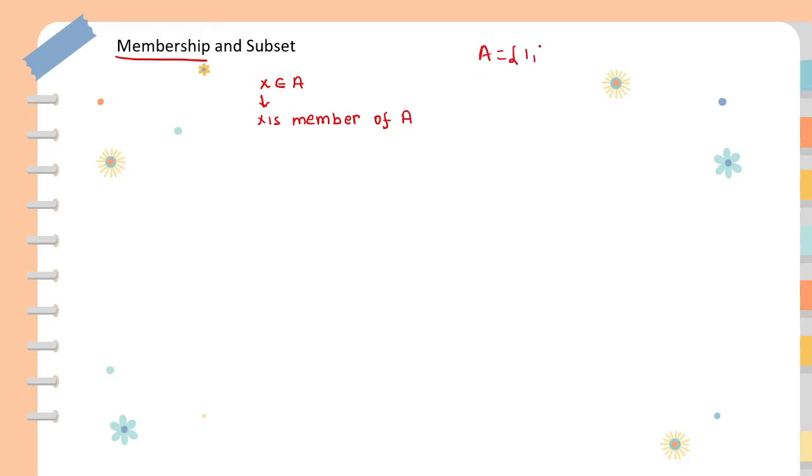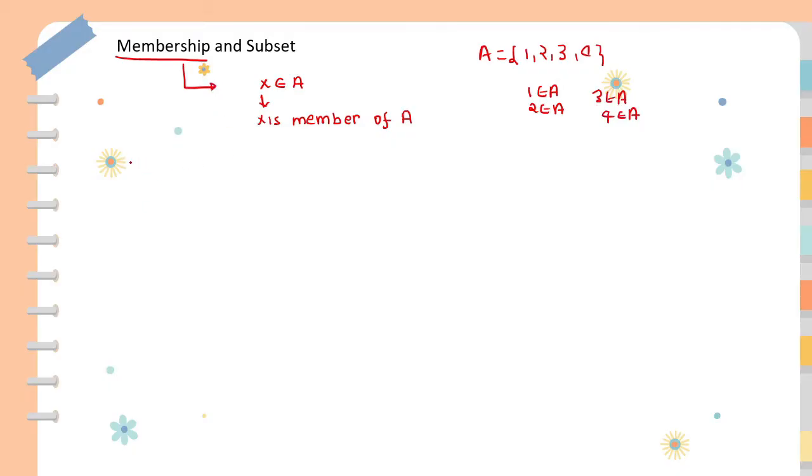In A it was 1 2 3 4, so we can write 1 belongs to A, 2 belongs to A, 3 belongs to A, and 4 belongs to A. So this was for membership.